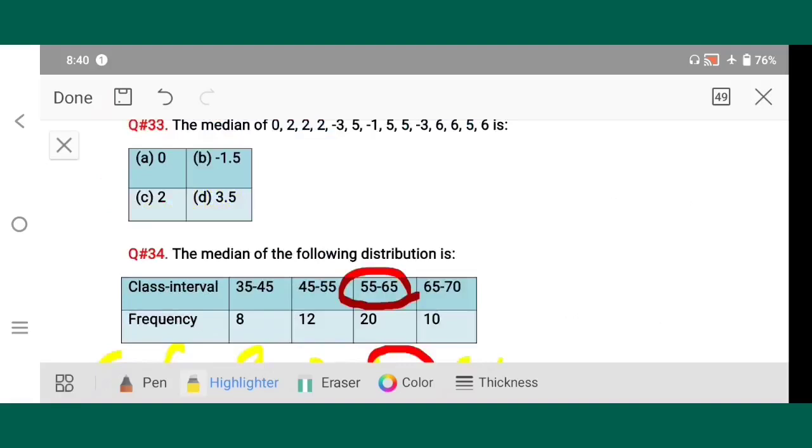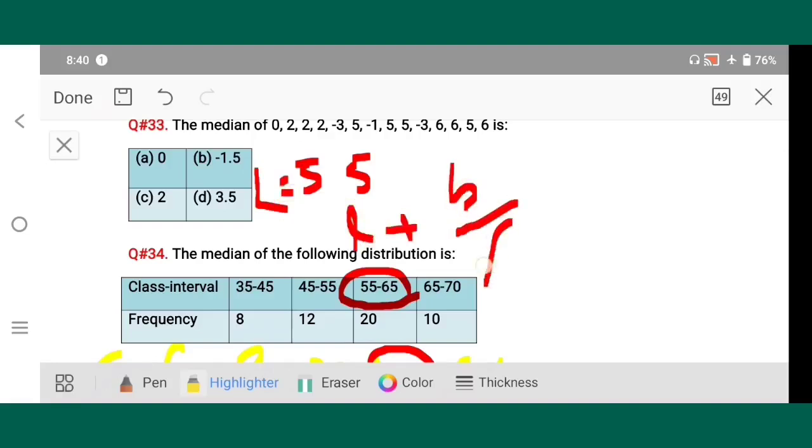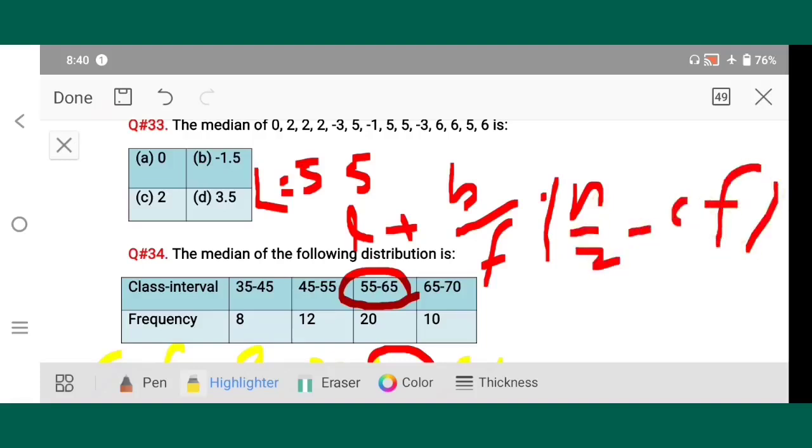Here the lower limit is 55, that is the L. We have the formula L plus h by f into n by 2 minus CF.